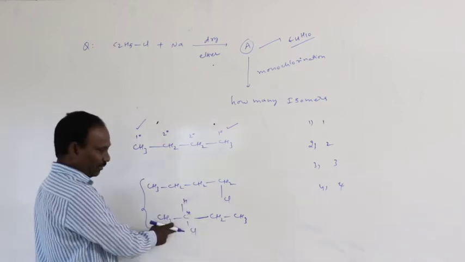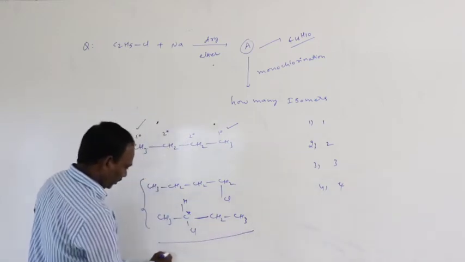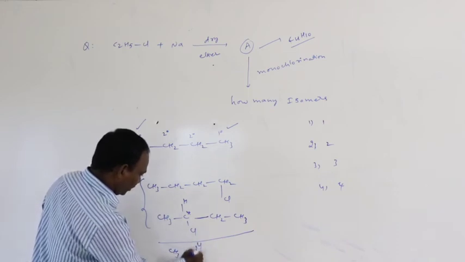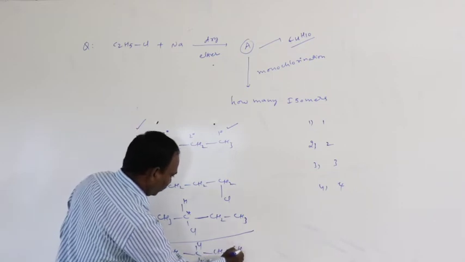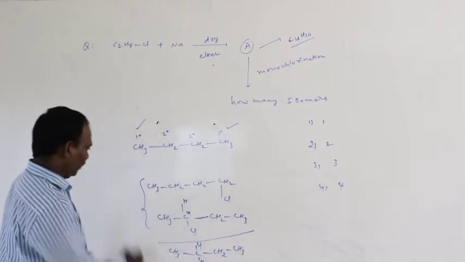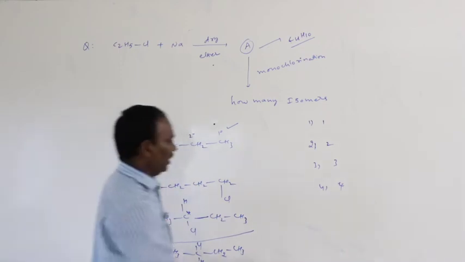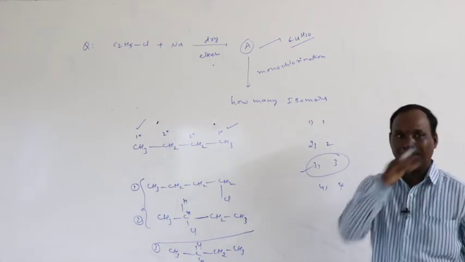Due to the chiral carbon, its mirror image is also obtained. So one more compound is CH3, with Cl, H and CH2CH3. Therefore a total of 3 isomers are obtained. Therefore the answer is 3 but not 2.